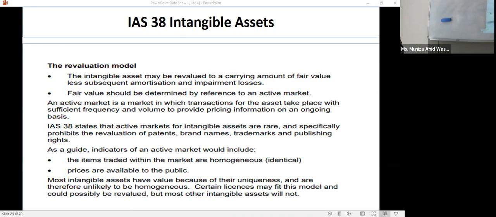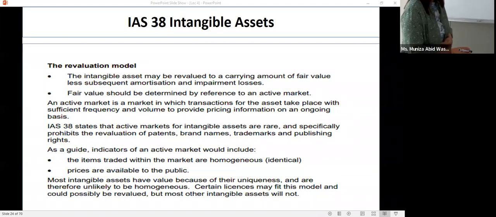Now regarding the revaluation model, what does this say? I told you practically that we do not use the fair value model or revaluation model for IAS 38 normally because there is no readily available market for intangible assets. Now let's read what your book says about it. The intangible asset may be revalued to a carrying amount of fair value less subsequent amortization and impairment losses.